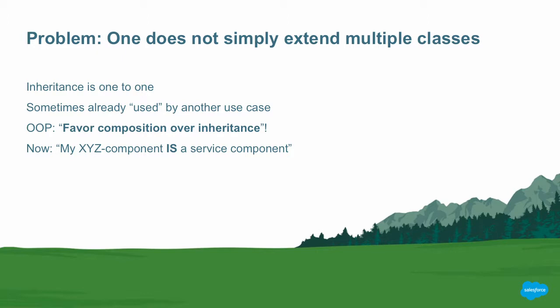It is an Apex service component. Where inheritance is very useful is, say you create custom buttons with a special behavior and you have 10 of them. You don't want to implement the special behavior in every single button of these 10. So you could create a base class, and then this sentence would make sense because all of my buttons are these special buttons.